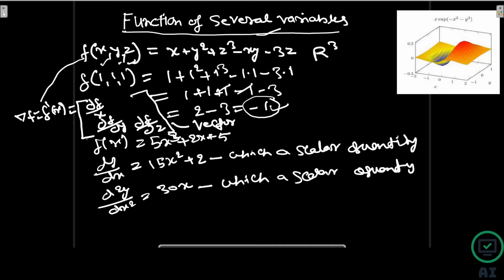So you can clearly see here, in the case of a univariate function we get a scalar quantity, but when we take the first derivative of a multivariate function we get a vector.